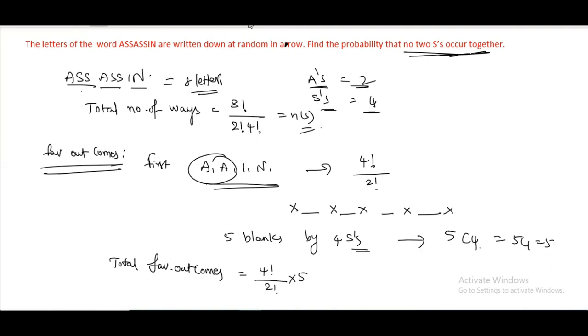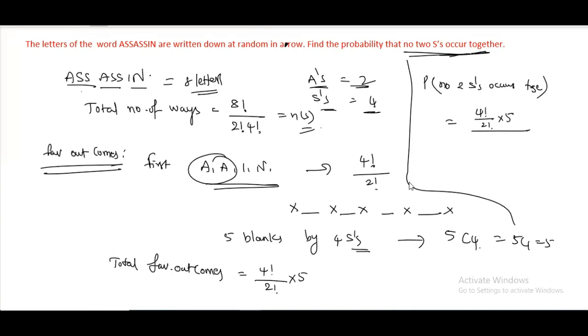Right. So what is the probability we will get here? The probability of this event, no two S occur together, is favorable outcomes, 4 factorial by 2 factorial into 5, divided by 8 factorial by 2 factorial into 4 factorial.